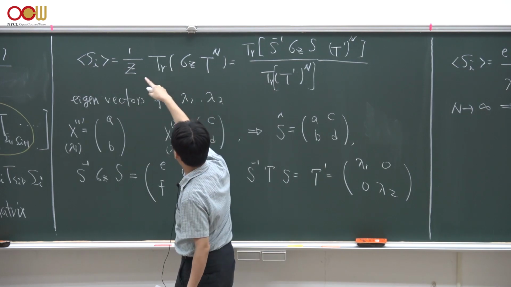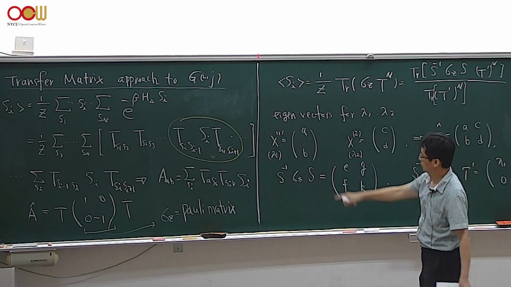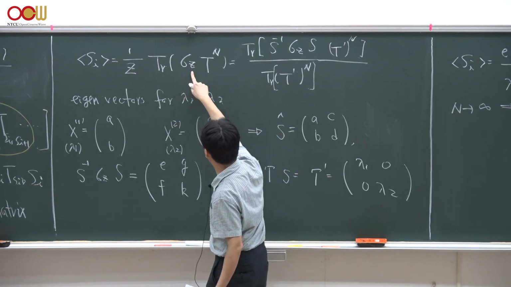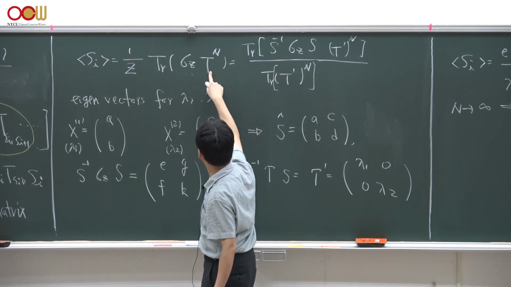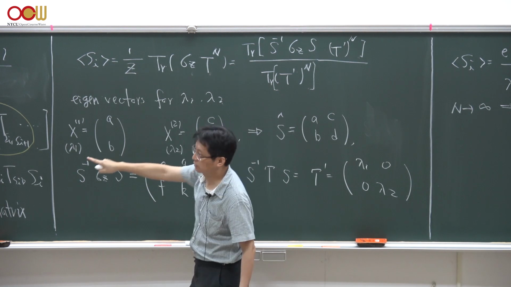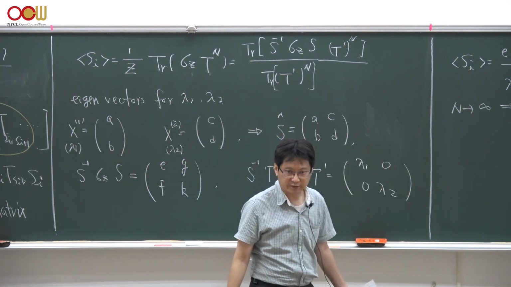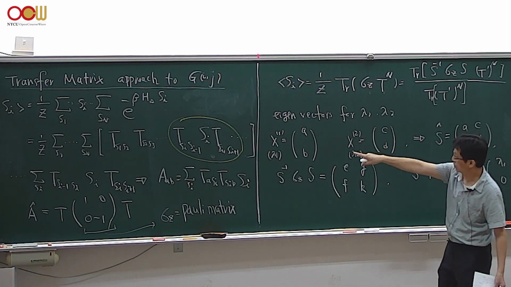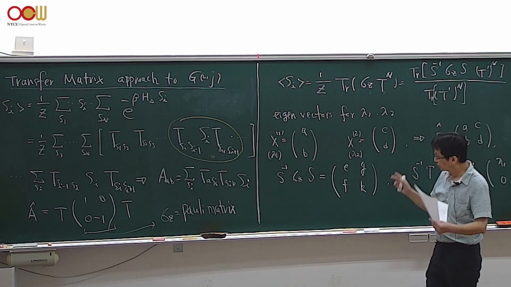If you look at the matrix structure of this ensemble average, you'll see that this is nothing but the trace of sigma z multiplied by T to the power of n, because all the transfer matrices are identical, as we mentioned previously, all these T matrices have the same matrix elements.